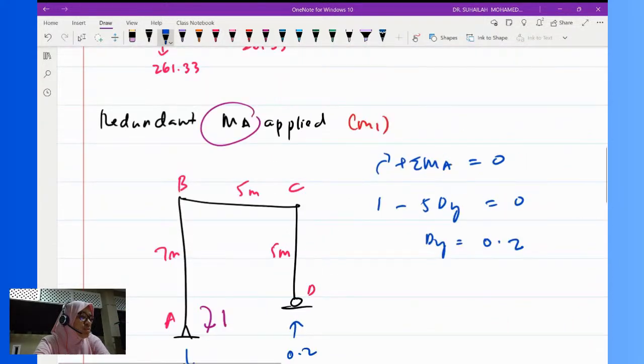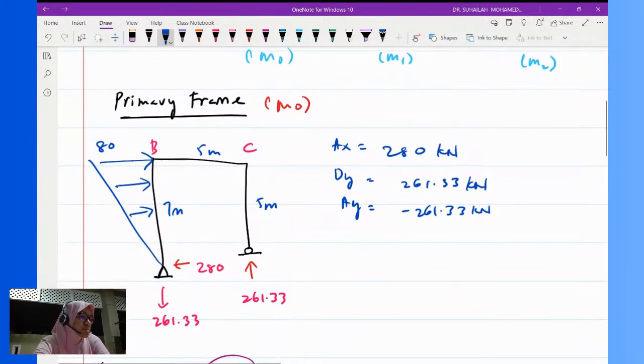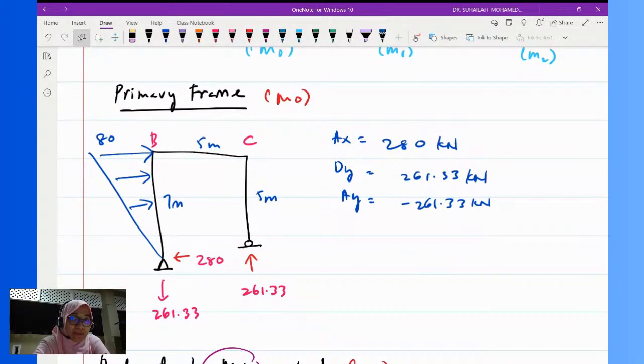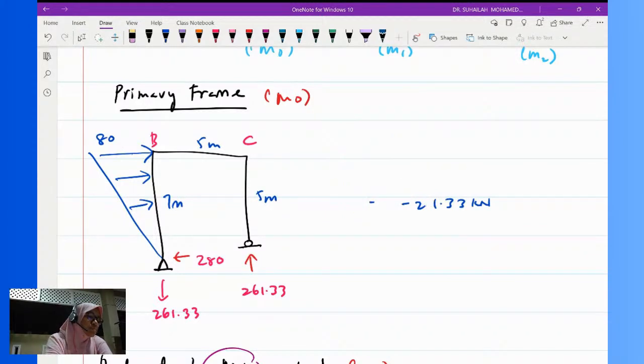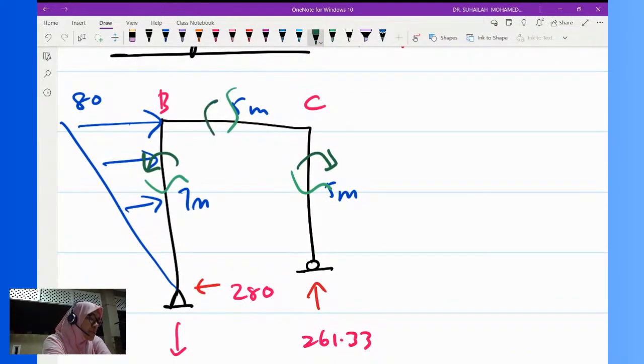We go back to the primary frame, cutting the section. Origin A means moment counterclockwise. Origin D means moment clockwise. Origin C means moment clockwise.